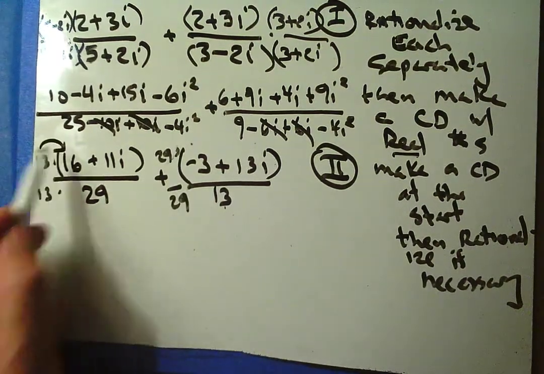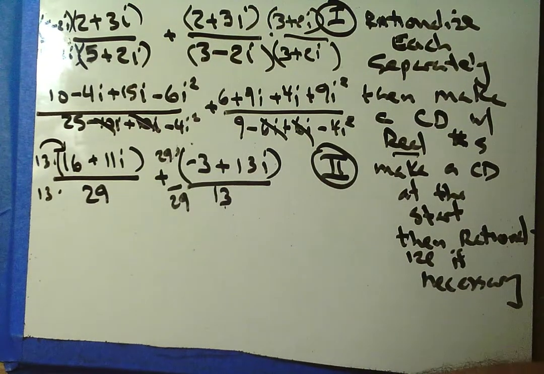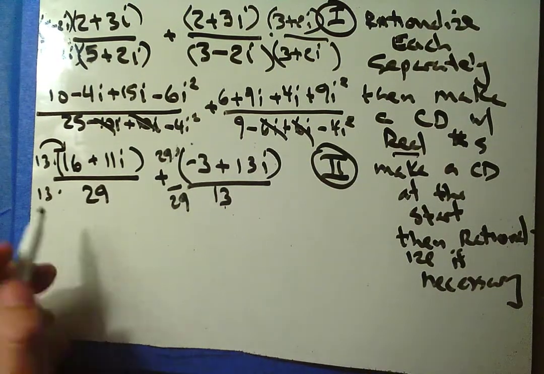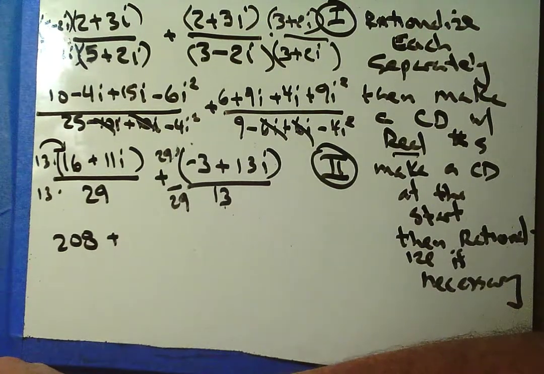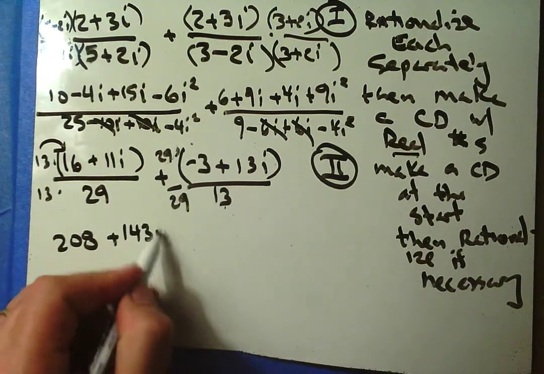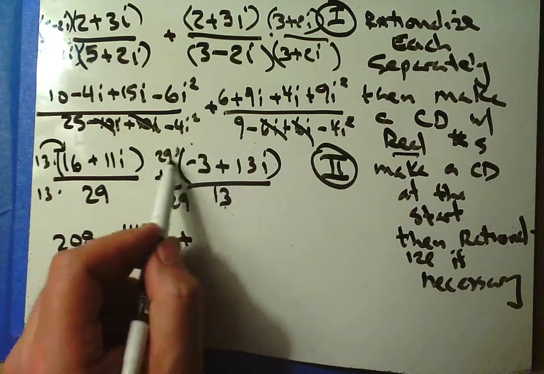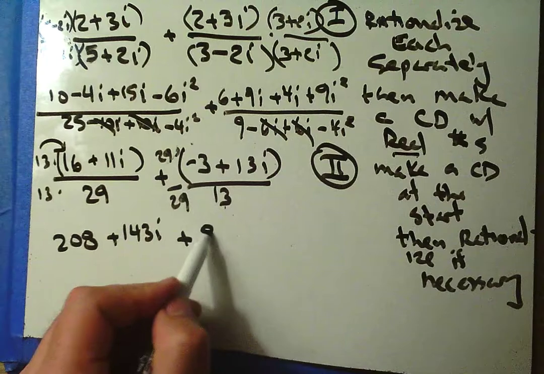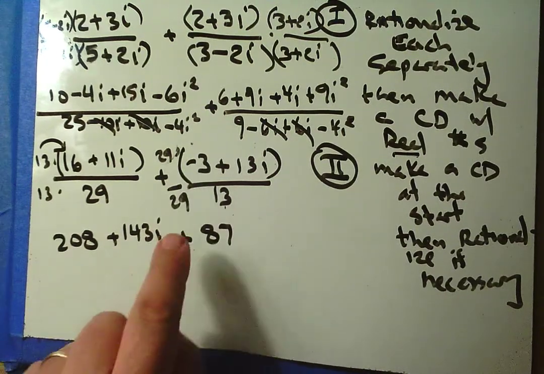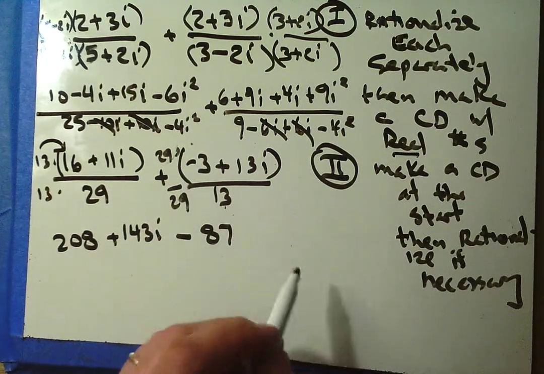So I've got 13 times 16, 208, plus 13 times 11, 143i, plus 29 times negative 3 is 87, but don't lose that negative, so we're subtracting 87.